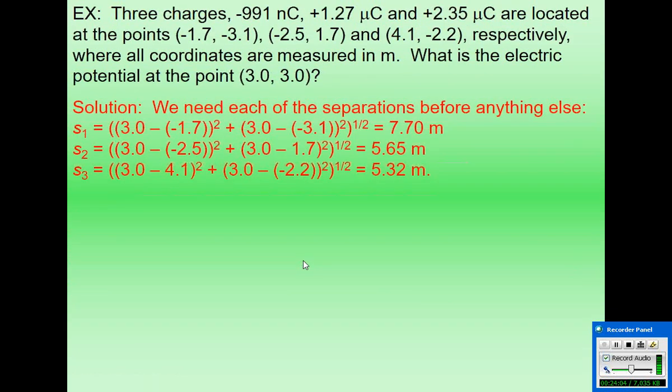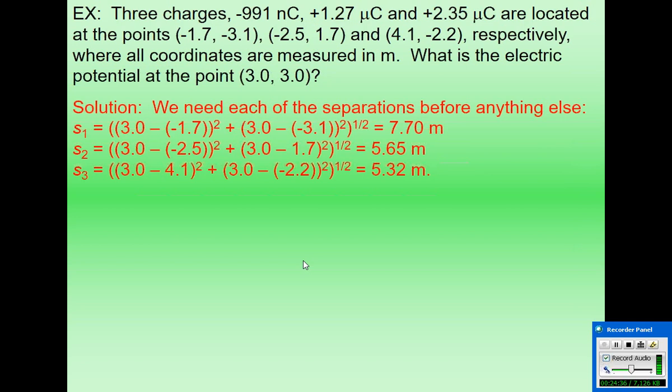As I said, the other situation in which we will be looking at voltage is that for point charges. And electric potential has the same advantage as electric potential energy, and that direction is not important. So take a look at the example. Negative 991 nanocoulombs, positive 1.27 microcoulombs, positive 2.35 microcoulombs, and we have those respective points measured in meters.